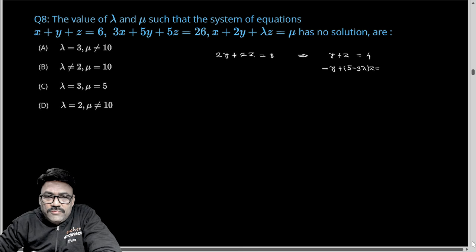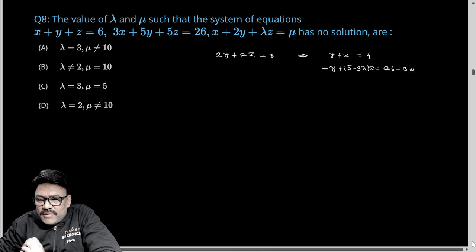And on the right side you will get 26 minus 3 mu. What I have done, I have multiplied the third equation by 3 and subtracted it from the second equation. So 3x disappears, 5y minus 6y is minus y, 5 minus 3 lambda z, and 26 minus 3 mu.